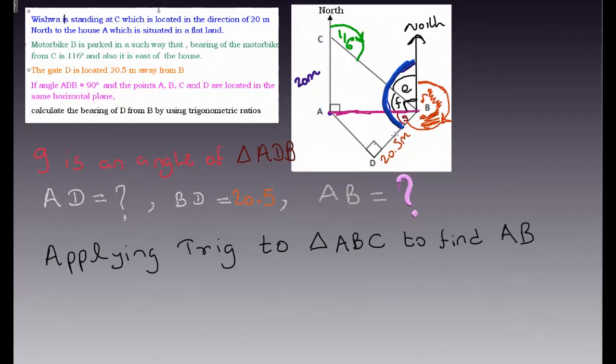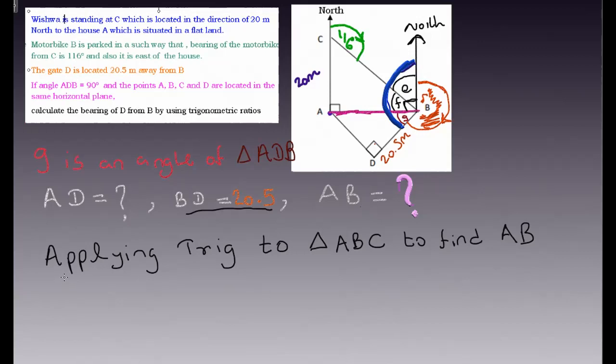We know only BD's length, and just knowing BD's length is not enough to find angle G's magnitude. We need another side. So we are trying to find AB's length using the top triangle and then come back and apply trigonometry to the bottom triangle. Hope the plan is clear. All right, let's see whether it works.